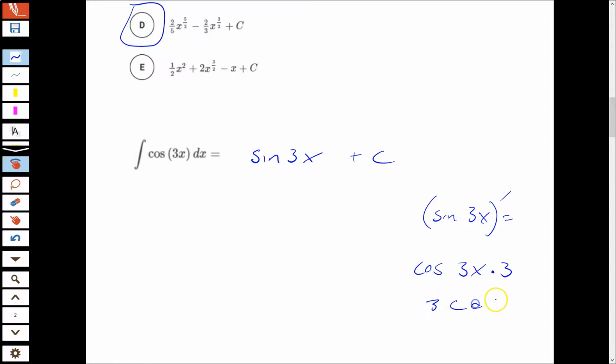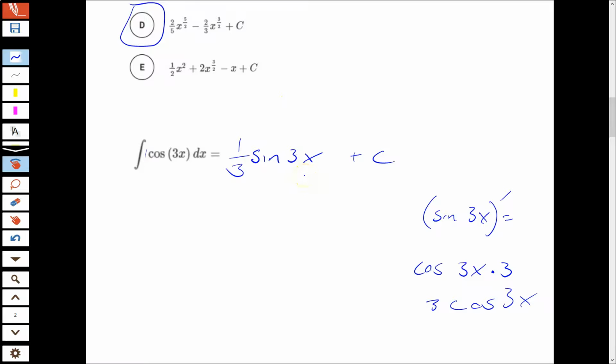So that's 3 cosine of 3x. Okay, so we don't want 3 cosine of 3x, we want plain old cosine of 3x when we take that derivative. So I'm going to add a 1/3 here, just like I did on my power rule one. Then when I take that derivative, if I wanted to check my work, 3 times 1/3 would cancel out, and we're left with that imaginary 1 we got there, right?